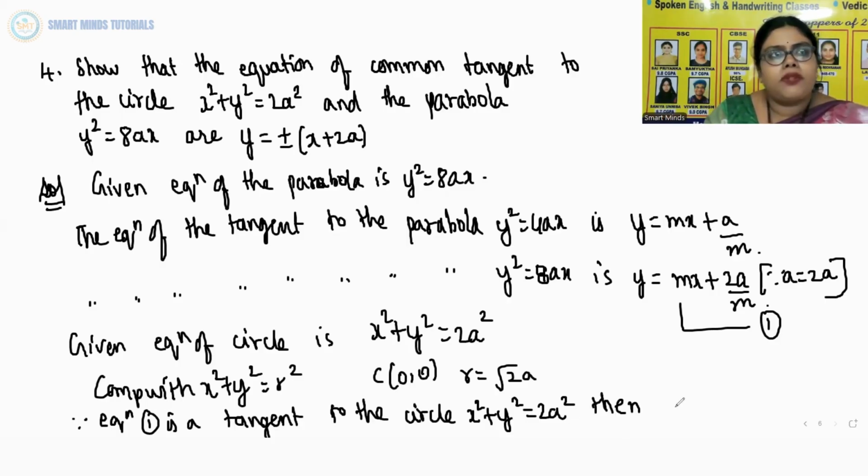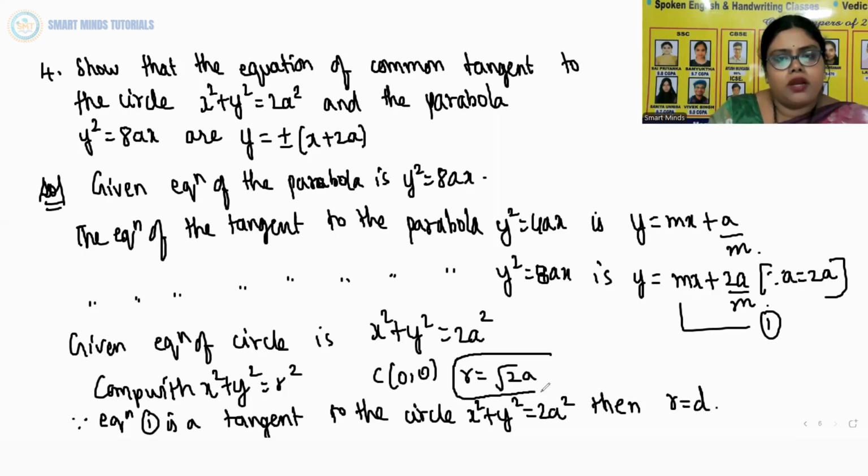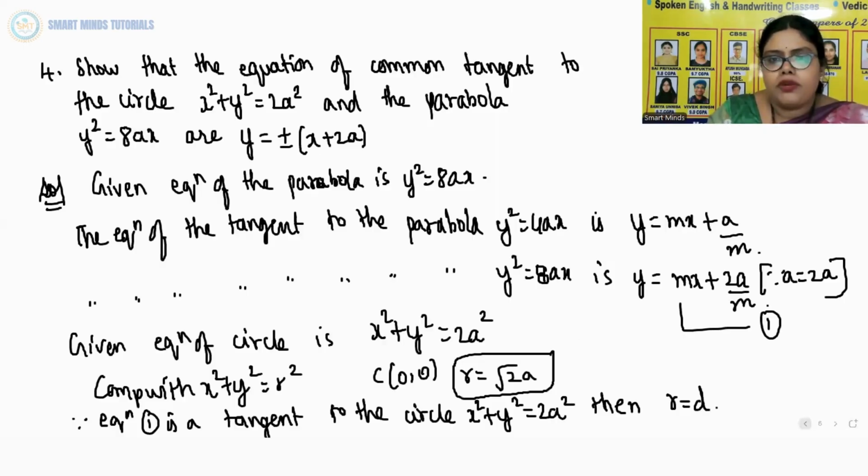In circles chapter we have done, the condition is r is equal to d. So the condition we got is r is equal to d. And from here we got R value. R is root 2a. But we need to find out D. D is perpendicular distance. Okay.